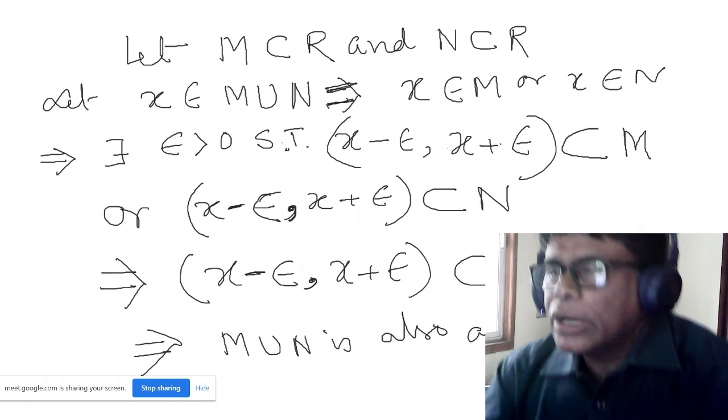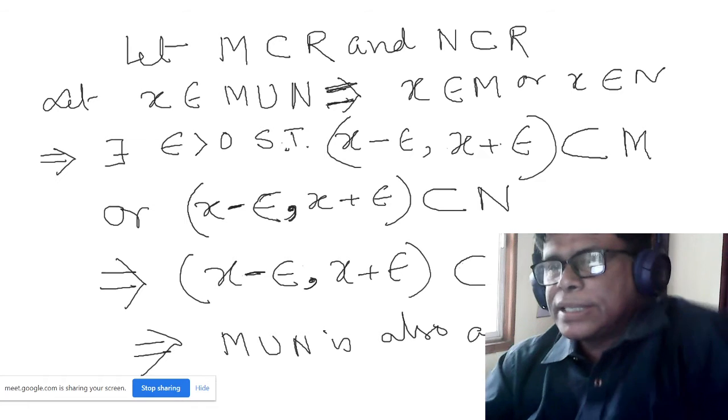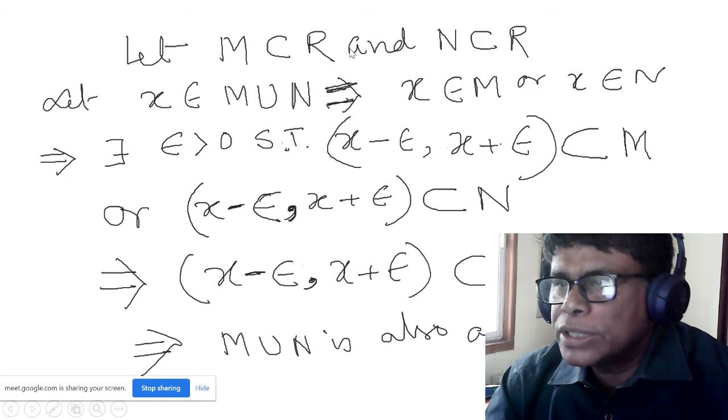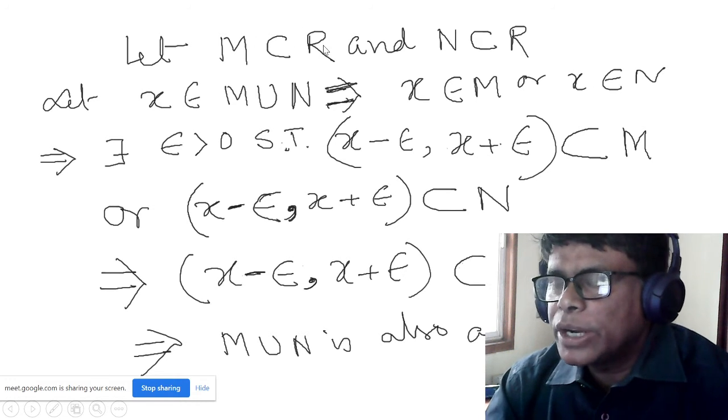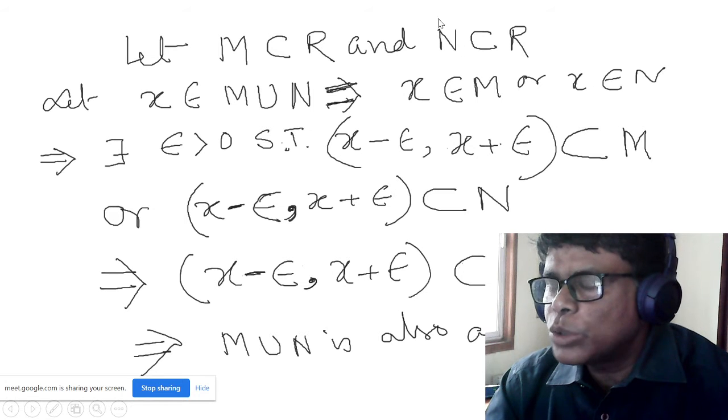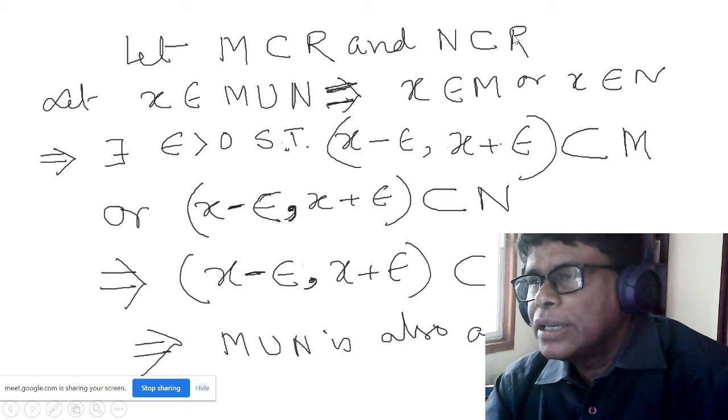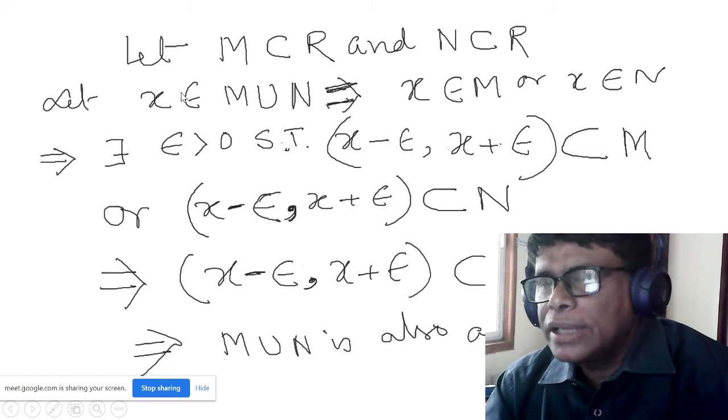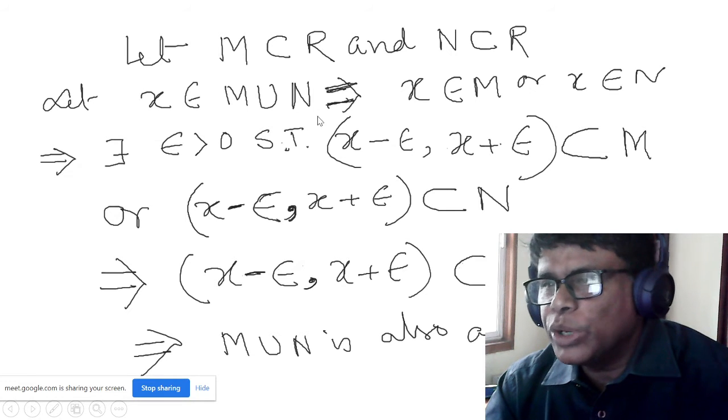Next slide. Now let M be a set, a neighborhood, contained in R, and N is also a neighborhood of that point x. So let x belong to their union.